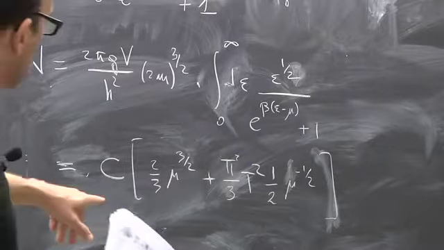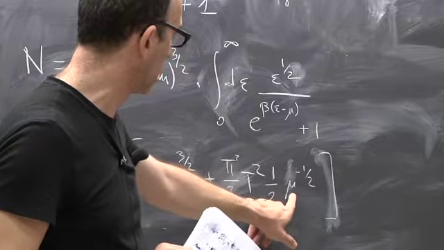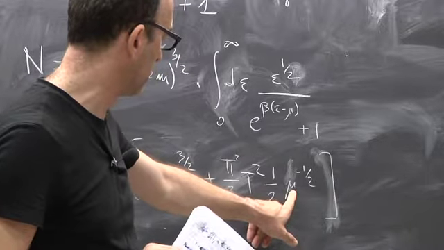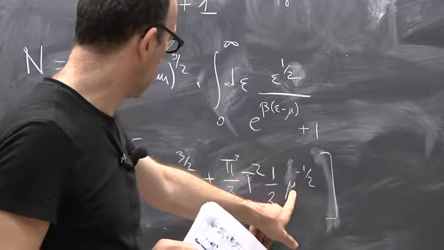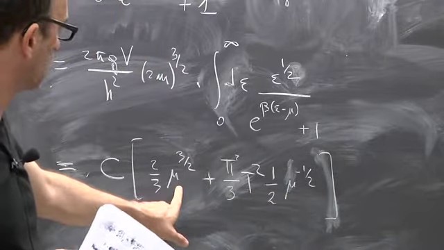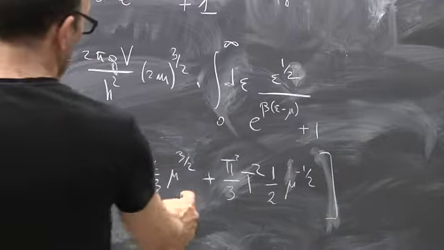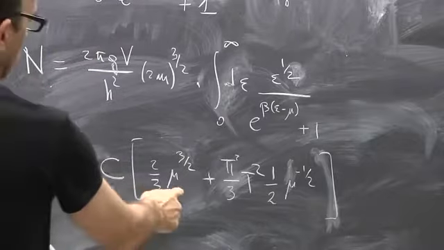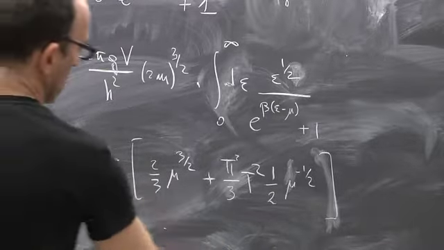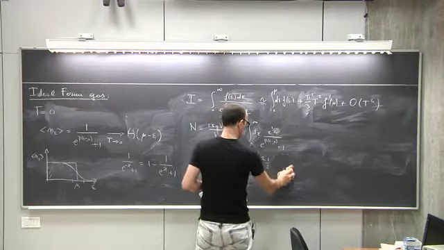So now you see that to leading order this will be equal to epsilon f. So you see that the leading order behavior is the Fermi energy. If you solve, now you can put here epsilon f.